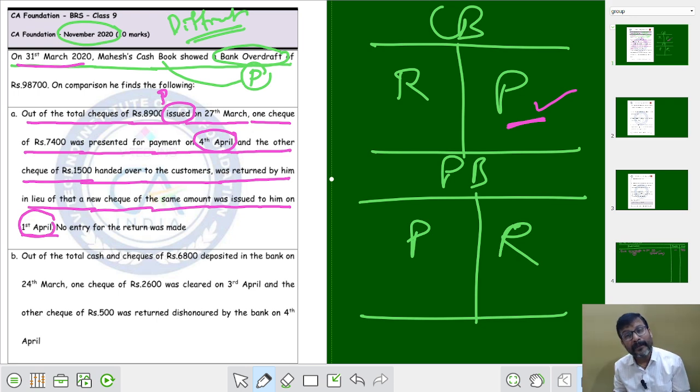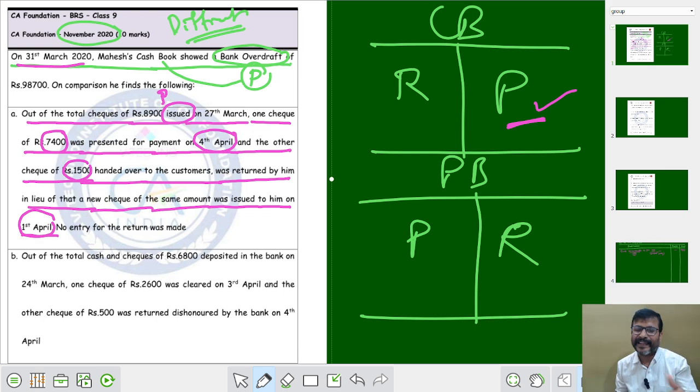इधर क्या हुआ? One check, 7,400, presented on 4th April, means no payment in passbook in the month of 31st March. Another concept, one more check, 1,500. What happened to this 1,500? A customer handed it back to us. Then what have we done?